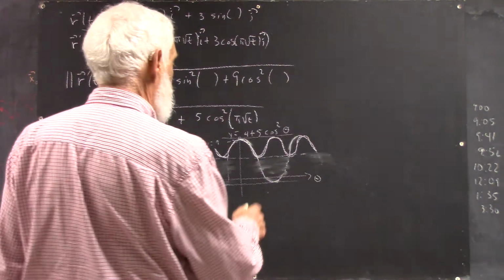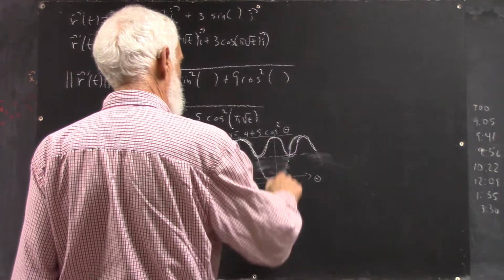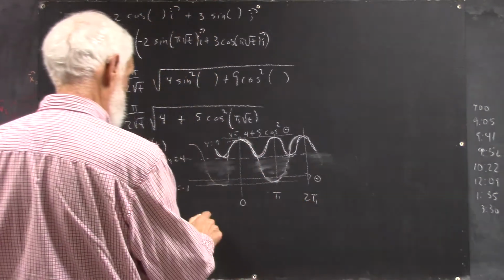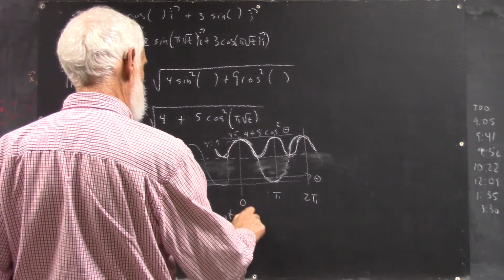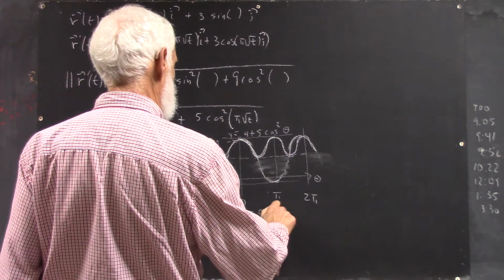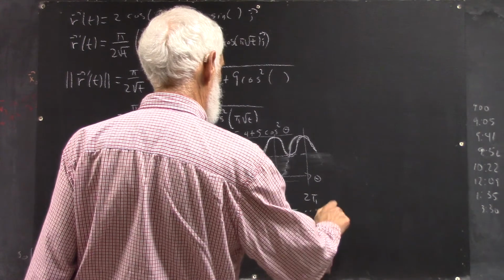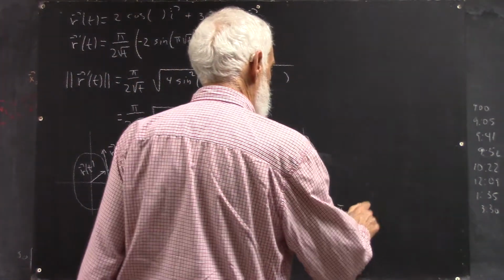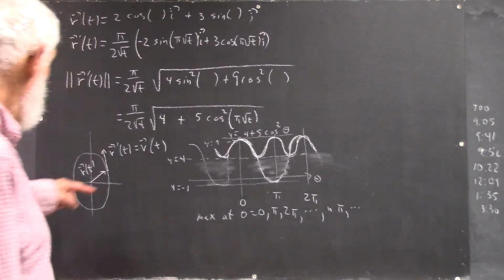So we see that when theta is 0, pi, 2 pi, right? And of course that means here and here.